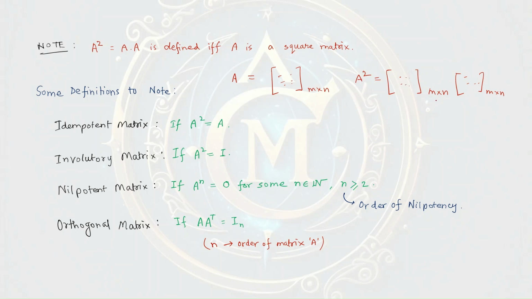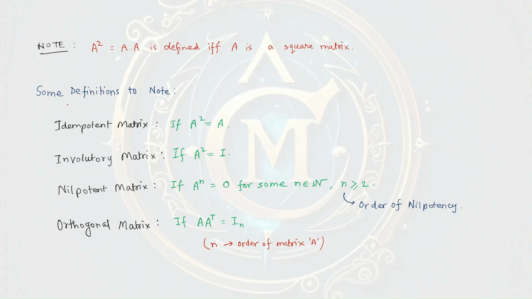So for this multiplication to be defined, this n has to be equal to m. So that means m equal to n, so this is a square matrix. So A square, and then again the further powers of A, is defined if and only if A is a square matrix. You need to keep this point in mind.